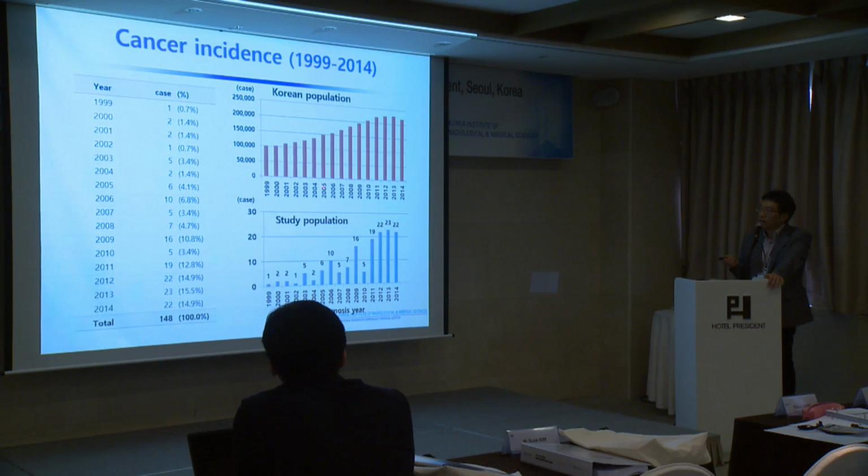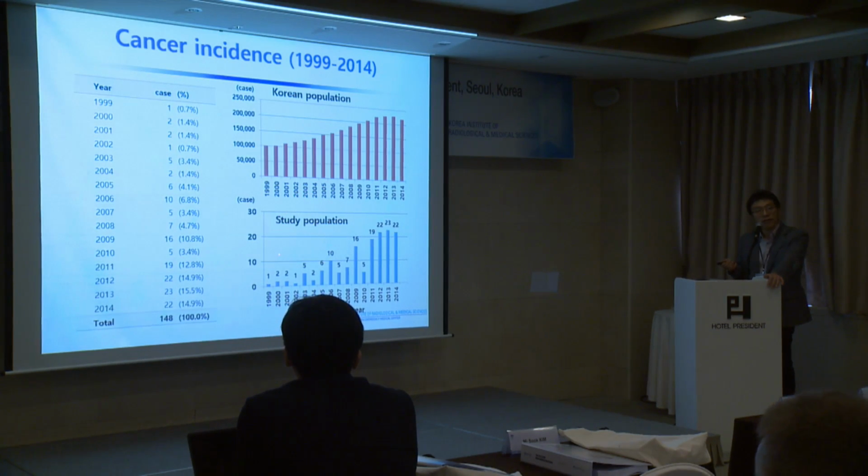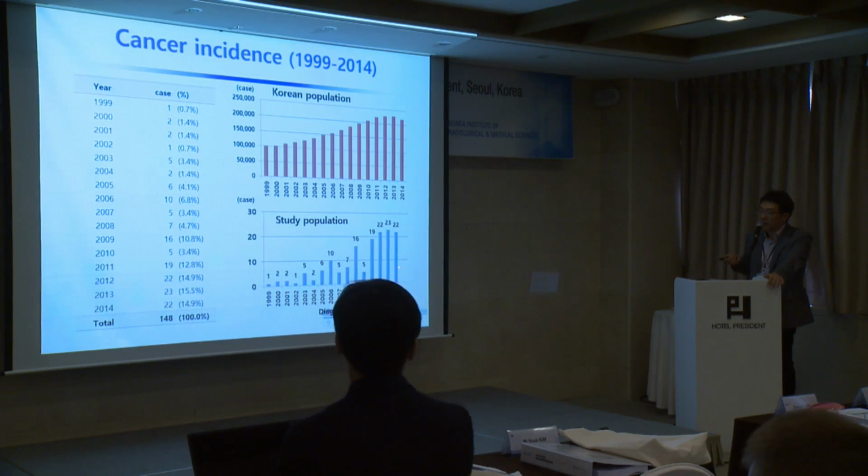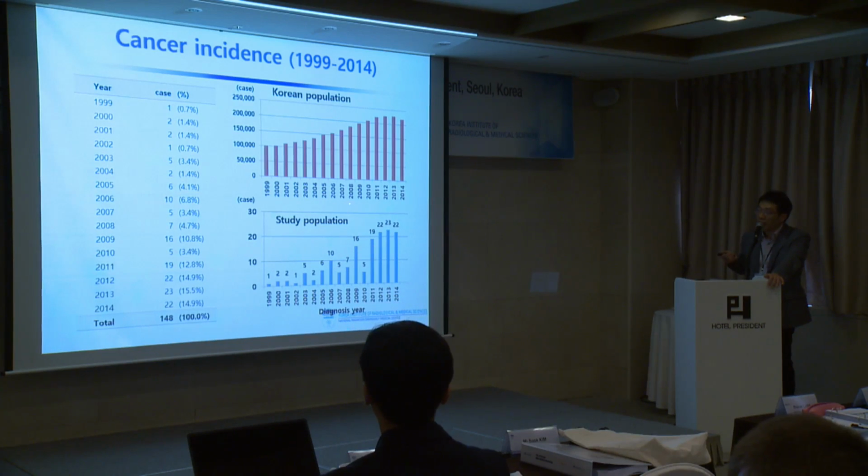And now let's compare our trend of cancer incidence to the general population. The blue color is the cancer incidence according to the year of diagnosis in our study population, and this one is the general population from the Korean National Cancer Center.